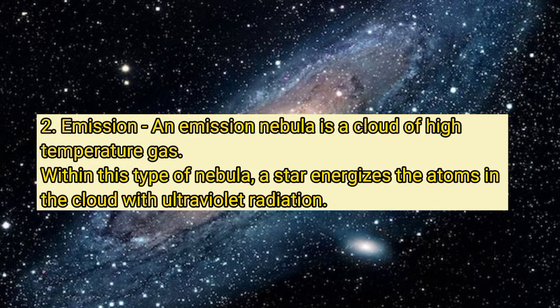This causes the nebula to glow. Emission nebula tend to be red in color because of the abundance of hydrogen. Additional colors, such as blue and green, can be produced by the atoms of other elements, but hydrogen is almost always the most abundant. A fine example of an emission nebula is the Orion Nebula.